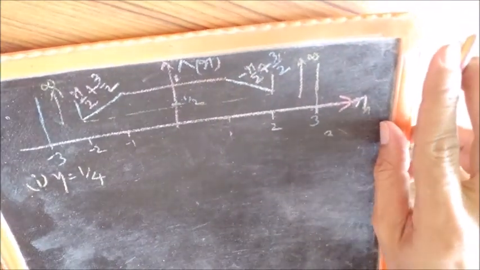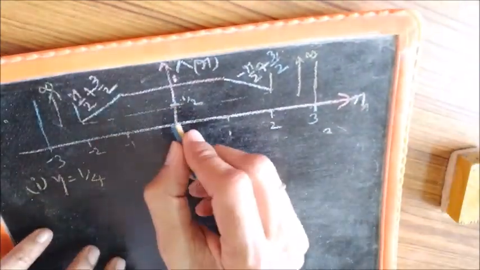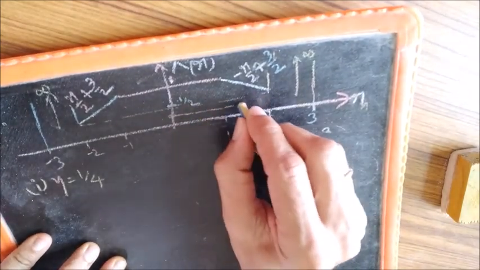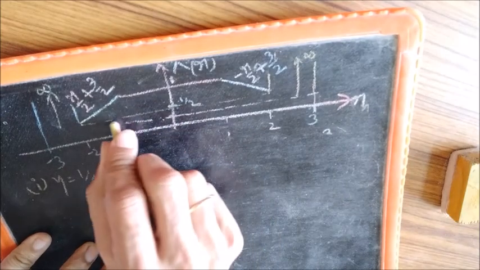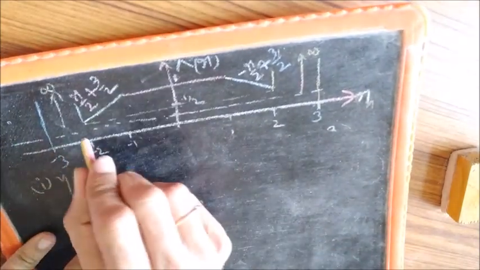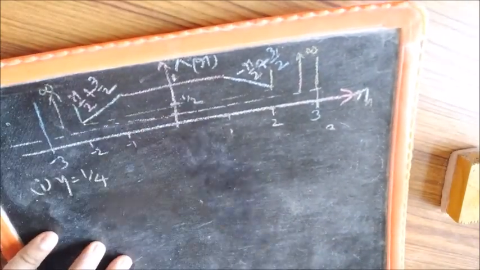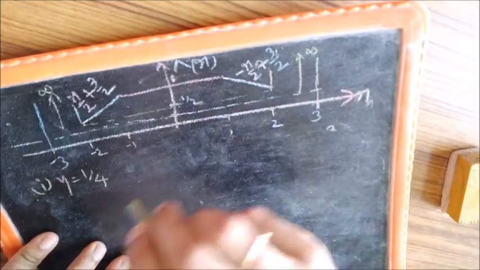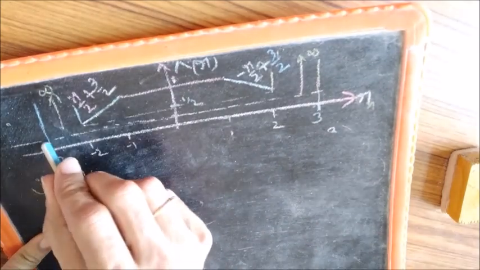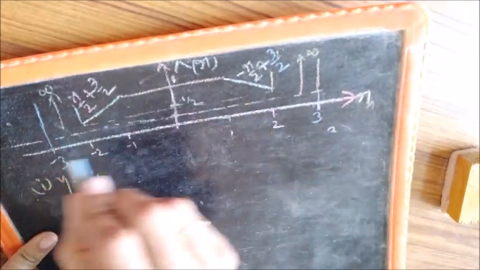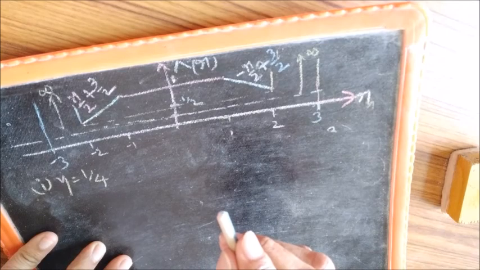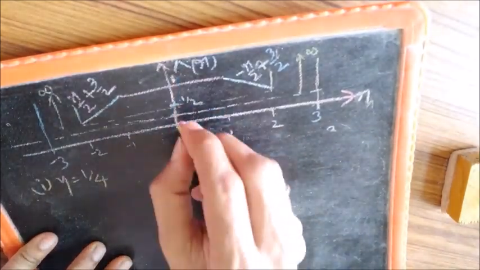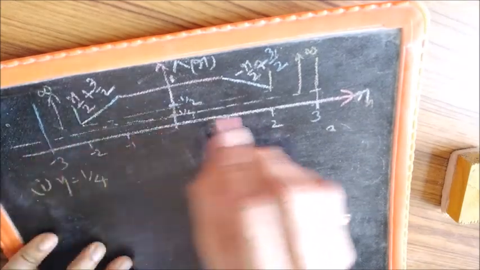Now, when eta is 1 by 4, we can show 1 by 4 will be somewhere here. So when eta is 1 by 4, our decision making process is like comparing the likelihood ratio lambda with eta, and you can see that for the entire range of R, 3 to minus 3, which is the valid range for R, the likelihood ratio is always more than 1 by 4.